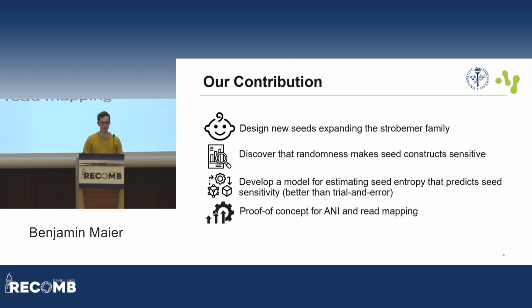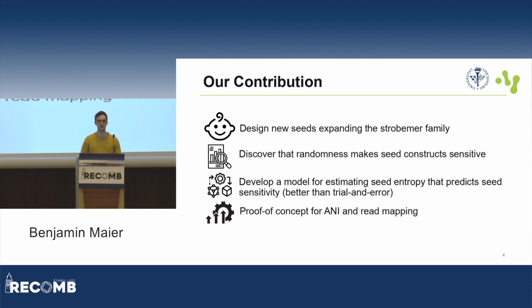And doing that, we discovered that randomness makes seed constructs more sensitive, and subsequently followed up by developing a model for estimating seed entropy that predicts seed sensitivity, which is better than the traditional trial and error when developing seed constructs.